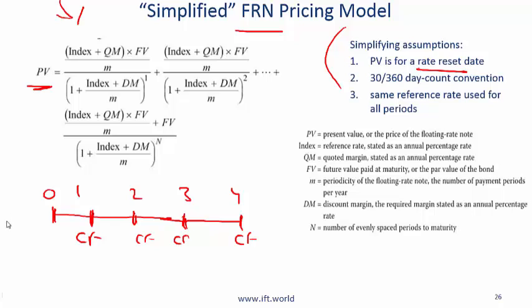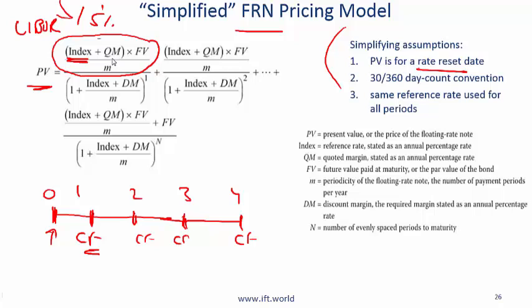Since this is a floating rate note, obviously the cash flow will depend on the reference rate at the start. These numerators that you are seeing are the cash flows. So index refers to your benchmark. Let's say that your index is LIBOR, and let's say that at time 0 LIBOR was 5%, so that's 5%.